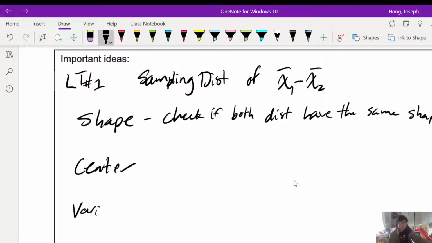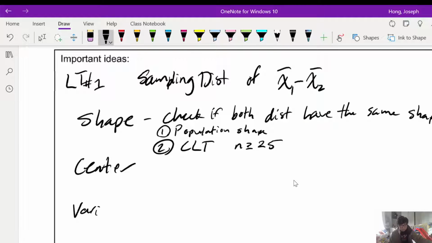The way that we checked for our shapes in this context was, the first one was the population shape, and the second one was using the central limit theorem, which was n is greater than or equal to 25.